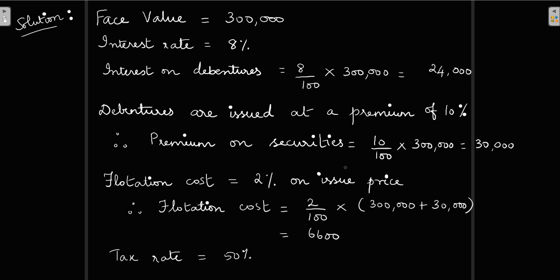Flotation cost here they have specifically given as 2% on issue price, so we have to include the premium also. So it is 2% on 3,30,000, which is 6,600. Tax rate is 50%. We need tax rate for calculating interest after tax.